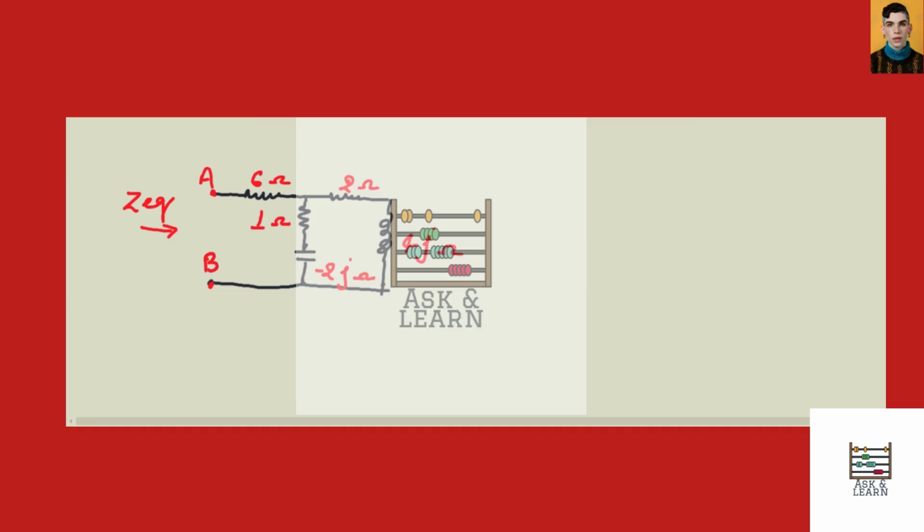As you can see, this 2 ohm and this 4J ohm are in series, so we can directly add them. If I redraw the circuit diagram, this is 6 ohm. These two are also in series, so we can draw the equivalent impedance by simply adding both of them, and this will become 1 minus 2J across this branch.